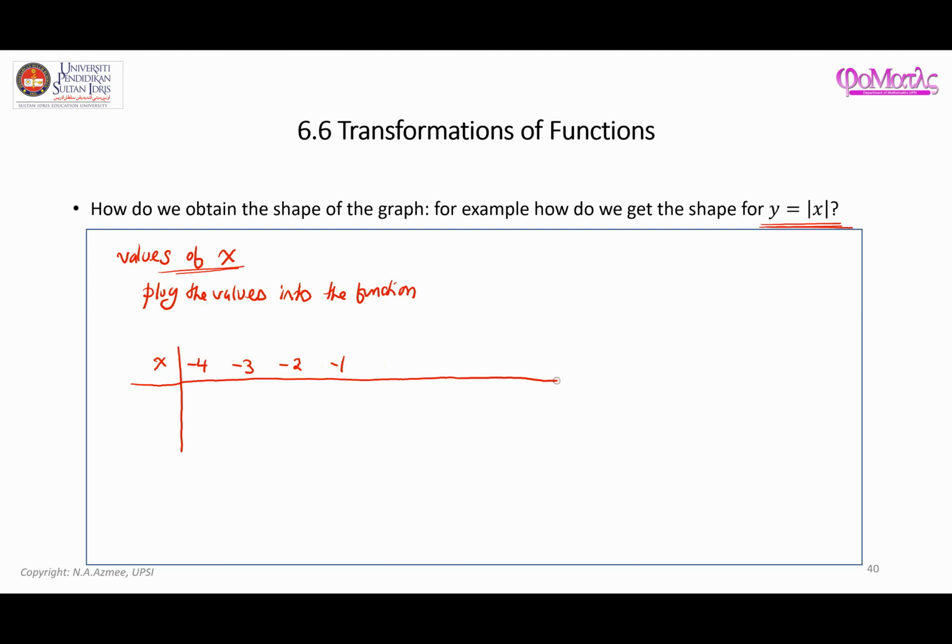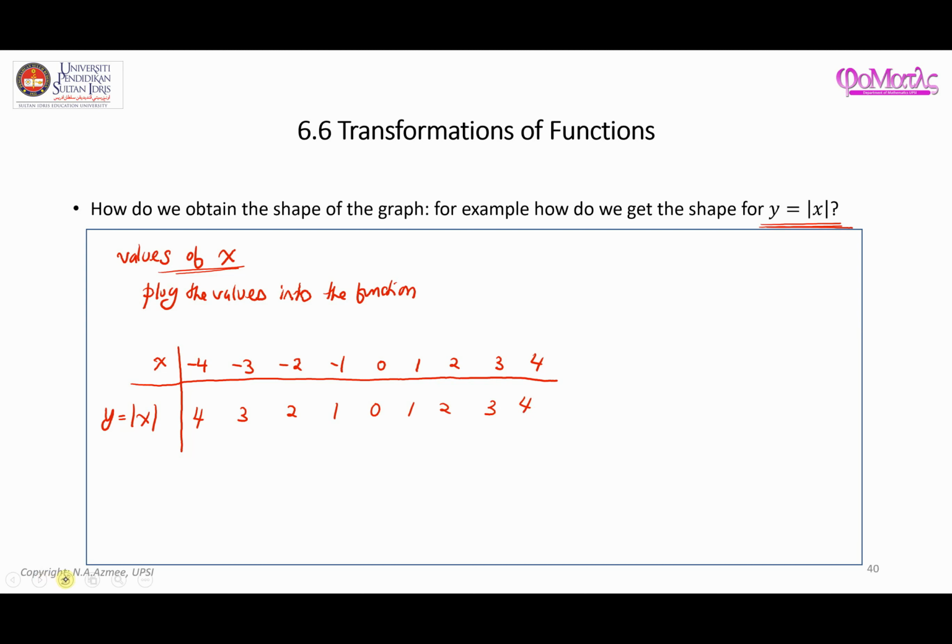Then maybe you can continue towards the positive side, like 0, 1, 2, 3, 4. Next, we can consider plugging these values into the function. The function is y equals the absolute value of x, which basically tells you that if you have a negative value, it becomes positive. So we have 4, 3, 2, 1, 0, 1, 2, 3, and 4.